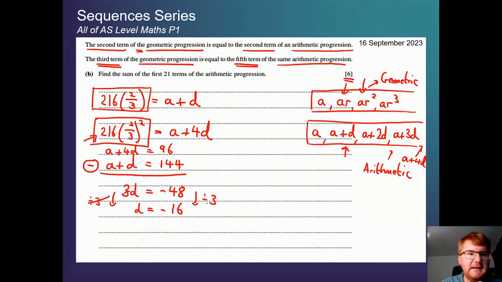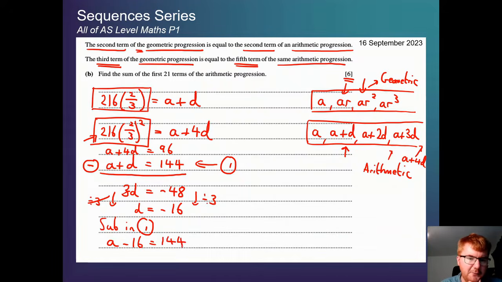Before we can work out the last part of the question here, we still need to work out what the first term is. Now we can use any of the equations we've seen so far. I think in this case I'm going to be using this one. So we're going to sub in d. Wherever I see a d I can now put minus 16.